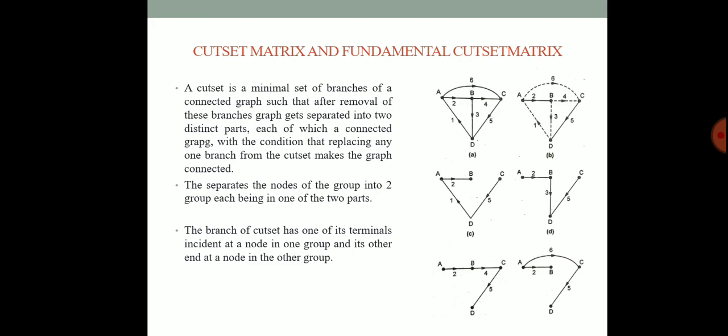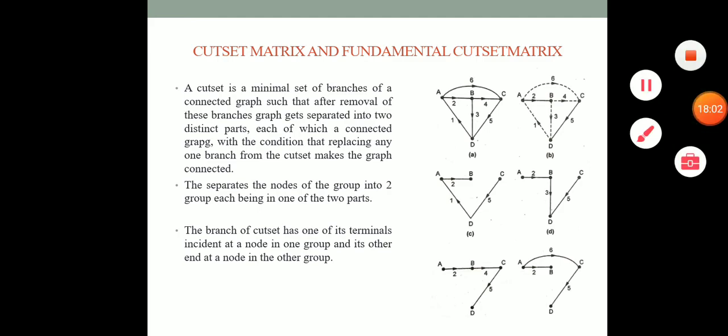Then the set of branches 1, 3, 4, 5 forms a cut set. Another set of branches 6, 2, 3, 5 gives another cut set. Hence, for any graph there may be more than one cut set, and every graph has at least one cut set.